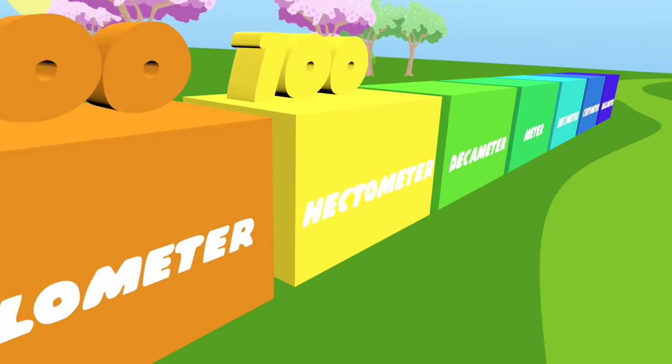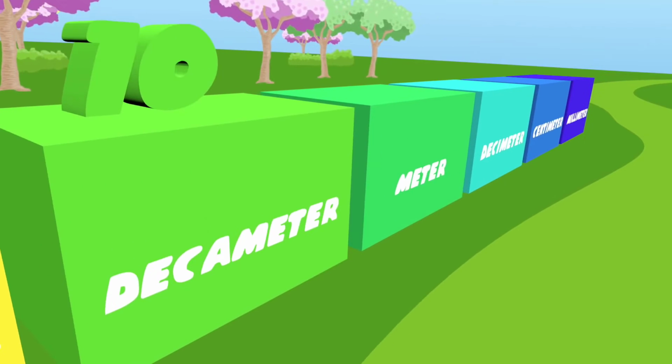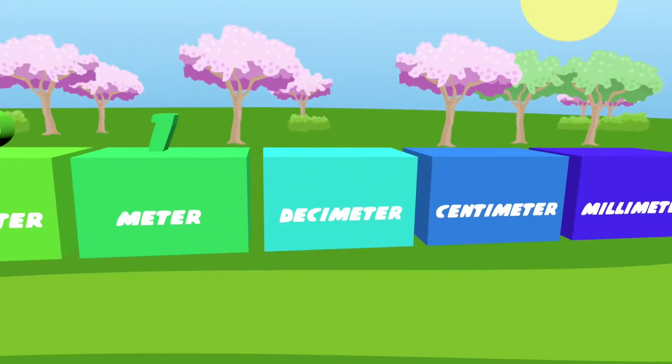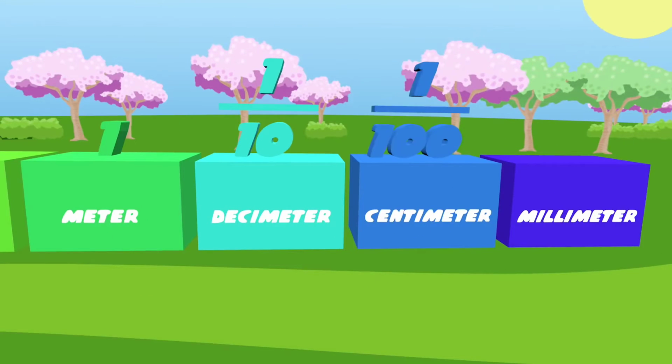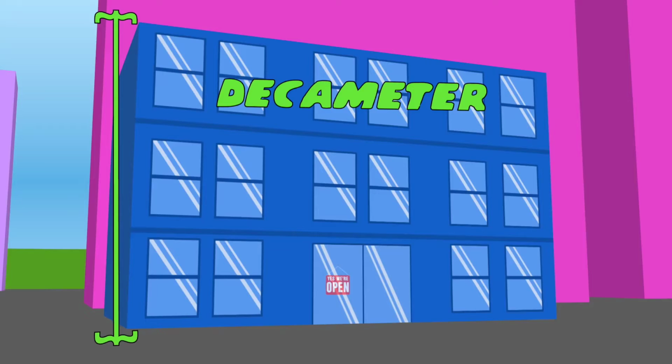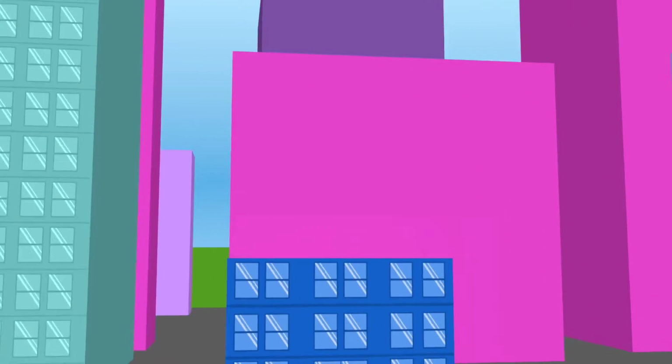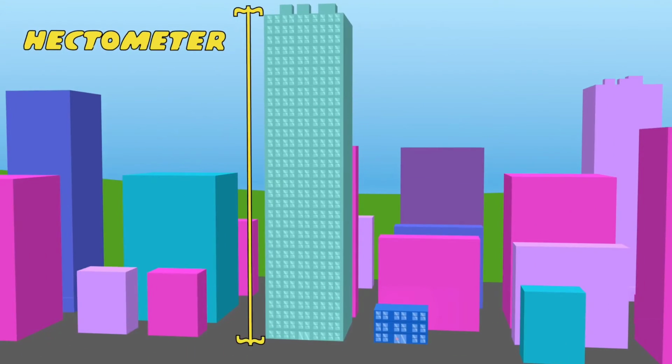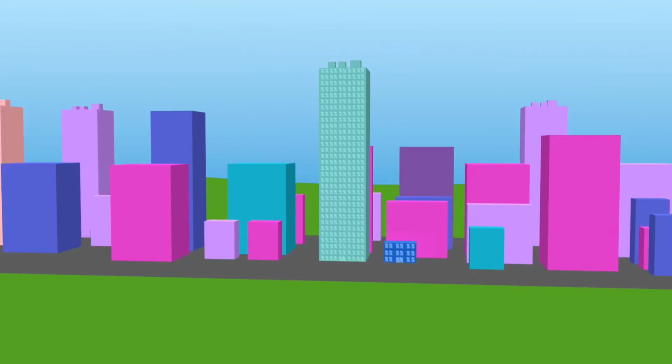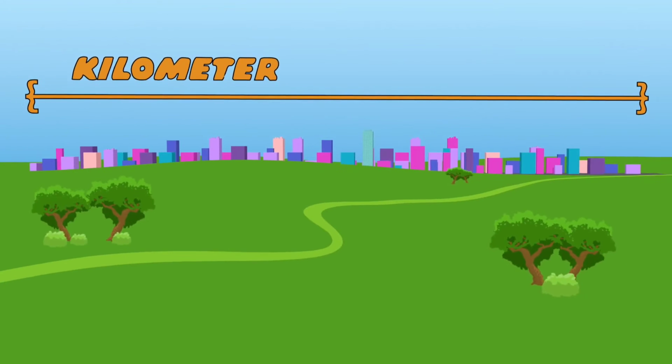1,000 kilo, 100 hecto, 10 is decameters. 1/10 deci, 100 centi, 1,000 is millimeters. 1 decameter is 10 meters. 1 hectometer is 100 meters. 1 kilometer is 1,000 meters.